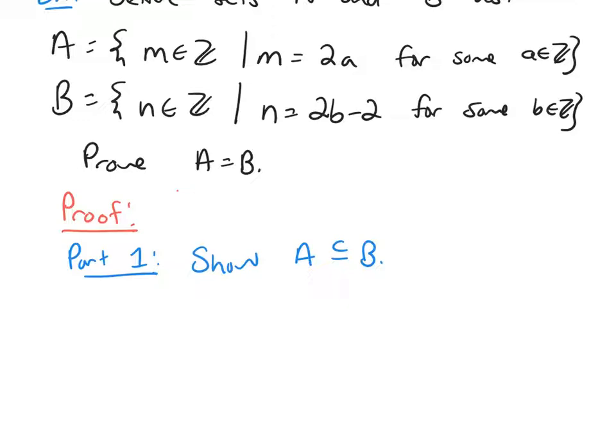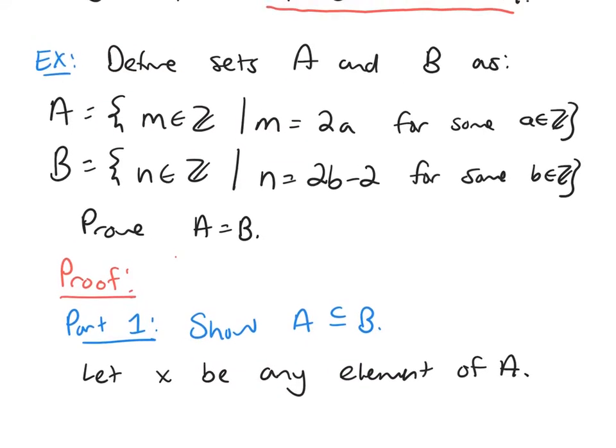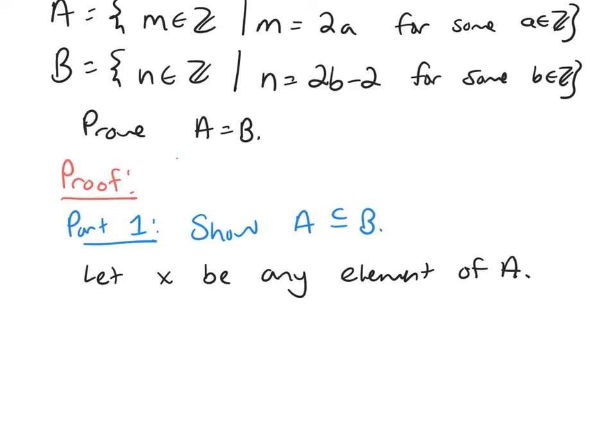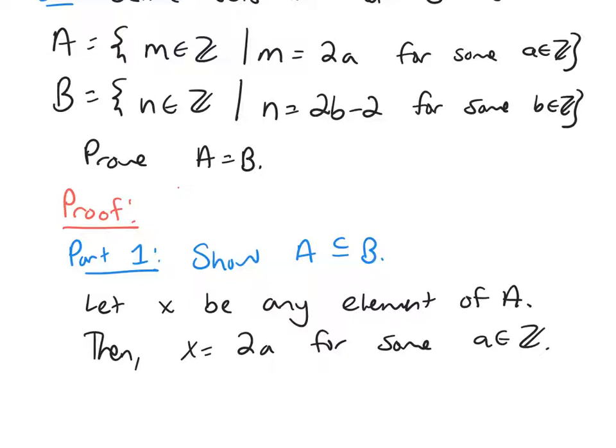So we're going to take X, let X be any element of A, and I need to show that that's an element of B. So what does it mean to be an element of A? It means I can write it as 2 times an integer. So then I can write X as 2 times A for some integer. And in order to show it's in B, I need to have this form here.